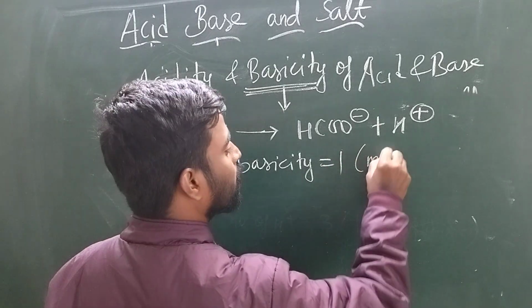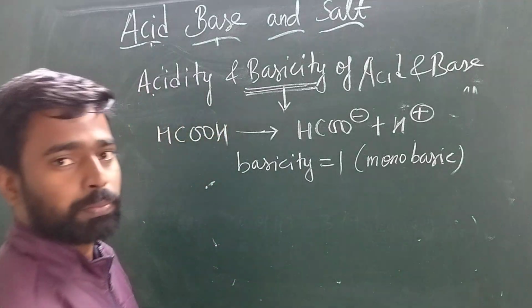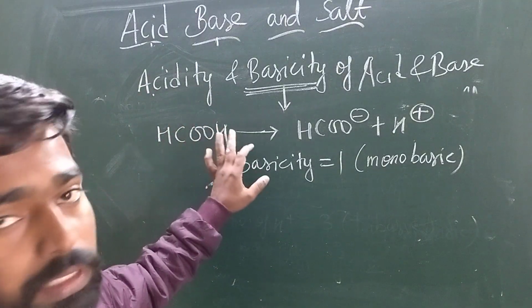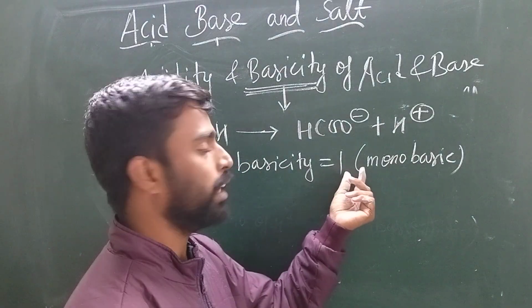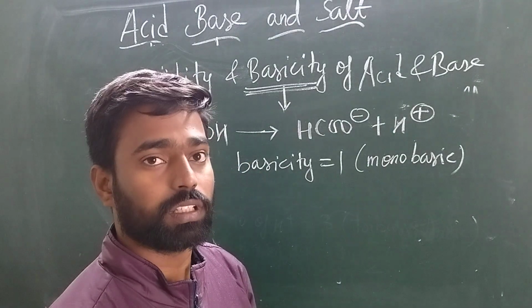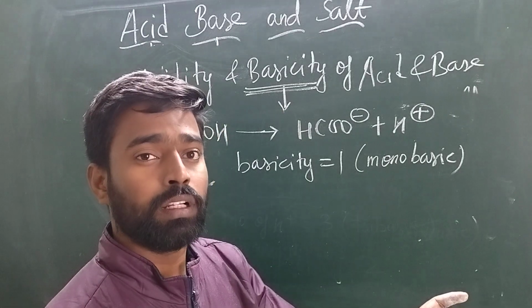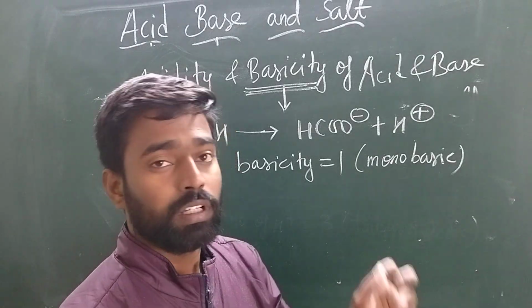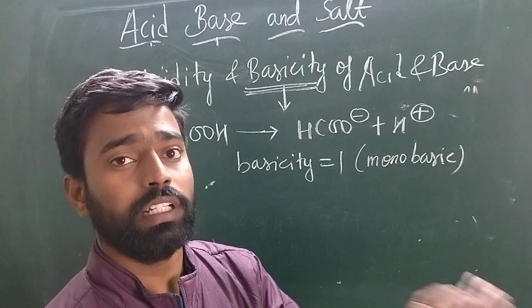It is monobasic. As per the number of hydrogens in formic acid it should be dibasic, but when dissolved in water it gives only 1 hydrogen, so it is monobasic. So all the hydrogens are not the basicity. The basicity is how much hydrogen ion it will give when dissolved in aqueous solution.